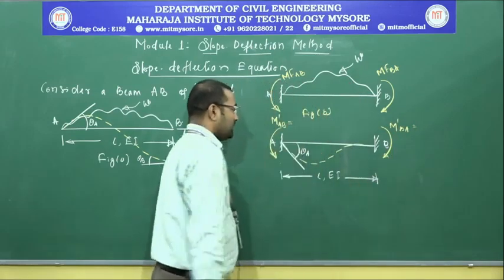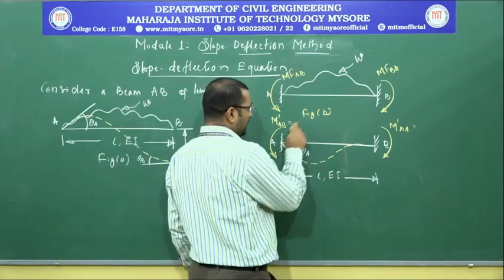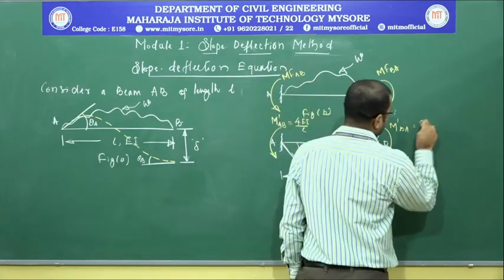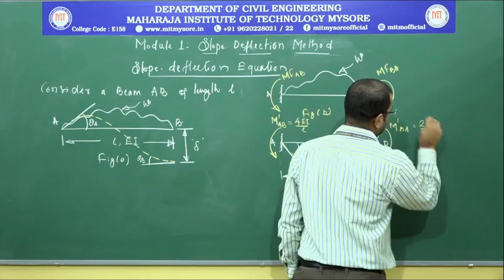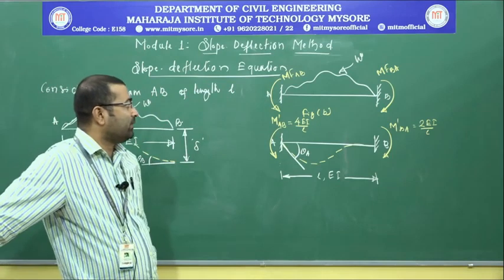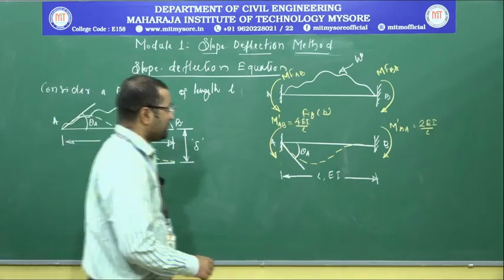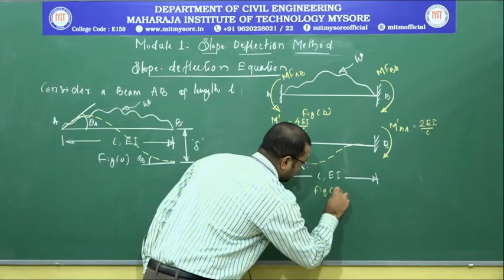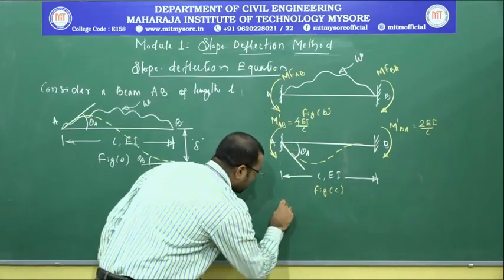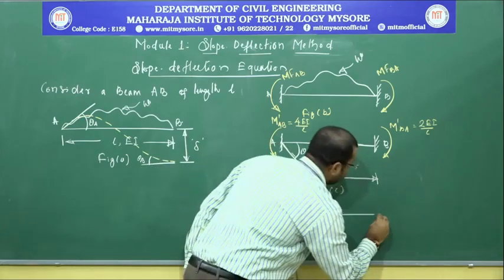Now we know that because of a rotation at any end, the bending moment developed at that location is 4EI by L, and at the far end it is 2EI by L. So these are the bending moments developed at the ends A and B because of the rotation of end A. Let me call this figure C, right? Now I will consider one more case, that is the rotation of the end B.